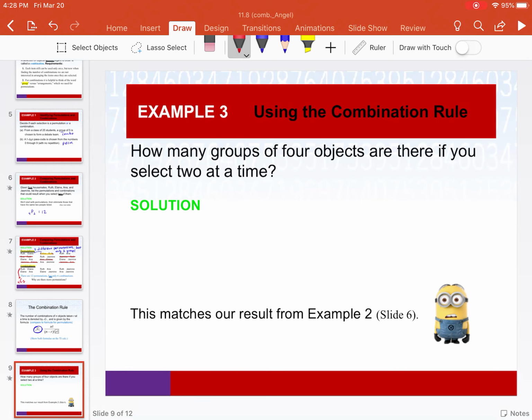You're just selecting groups of 2, so we're talking about a combination of 4, and I picked 2. Why don't you go to your calculator and figure it out and come back to this slide. Just pause the video and then come back. I'll wait.